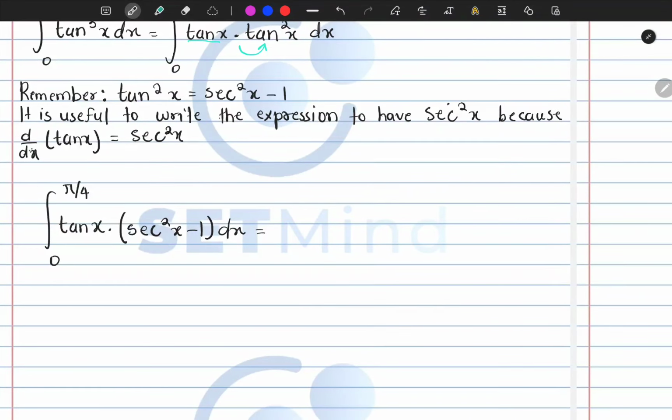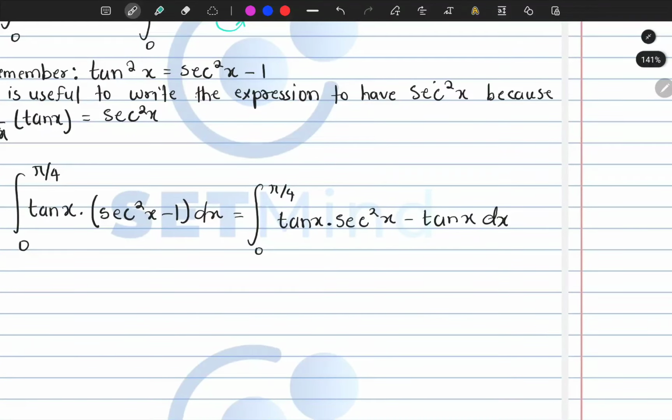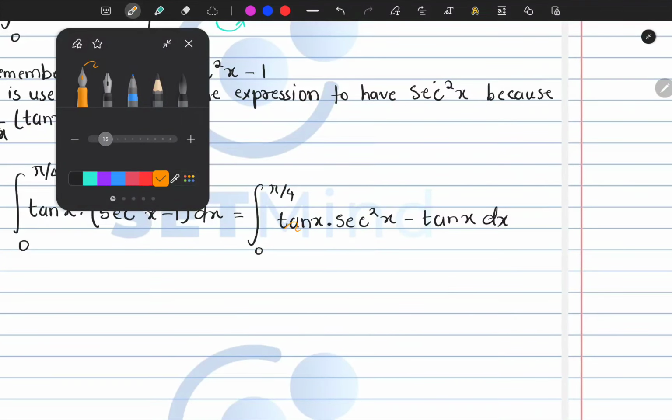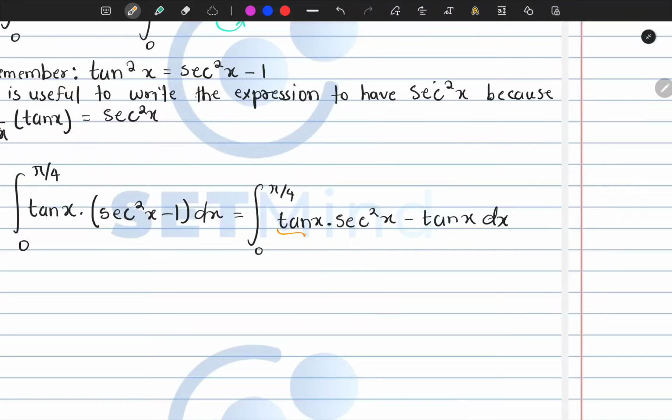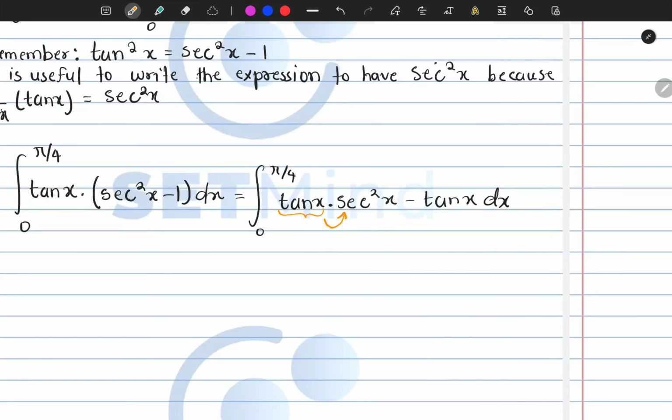If we look at what this becomes, from 0 to pi over 4, we have tan x multiplied by sec squared x, and then minus tan x dx. When I look at the first part, I can tell that if I differentiate tan, I should somehow get sec squared.